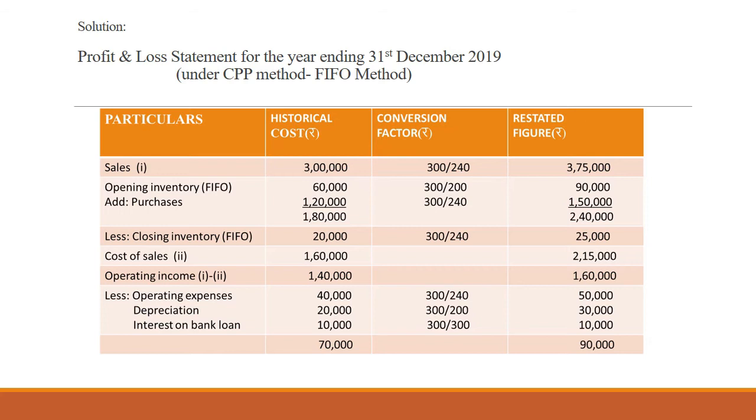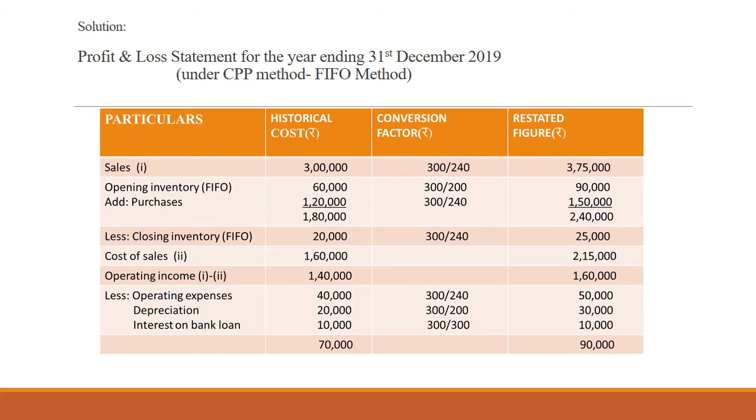Now the opening inventory under the FIFO method is 1,50,000. Adding opening inventory and purchases gives 1,80,000, that is 60,000 plus 1,20,000, and the restated figure is 2,40,000, that is 90,000 plus 1,50,000. Now less the closing inventory, 20,000. Closing inventory is restated at the average price, 300 divided by 240, giving 25,000.